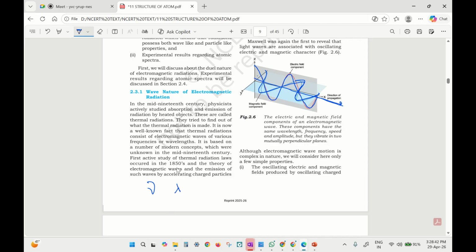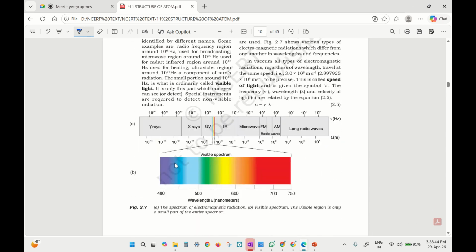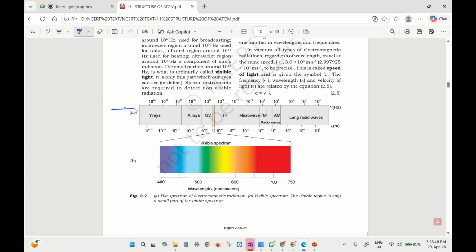Now, when all the electromagnetic radiations are arranged in decreasing frequency or increasing wavelength, what we are getting is an arrangement of the radiations, which is continuous.